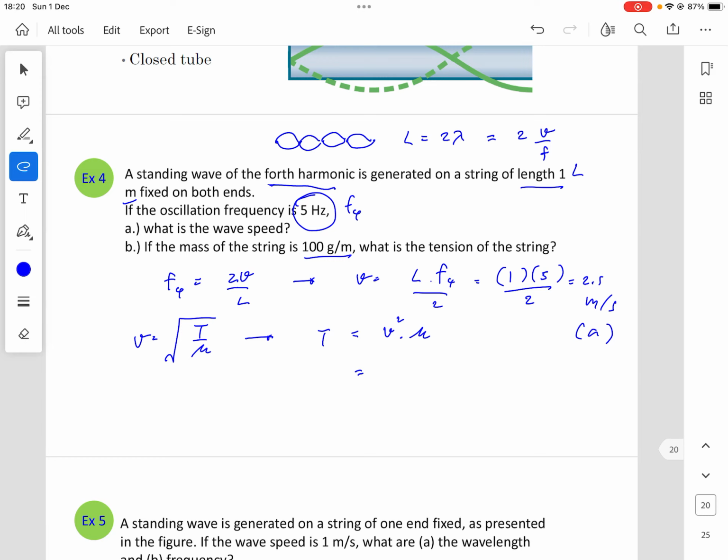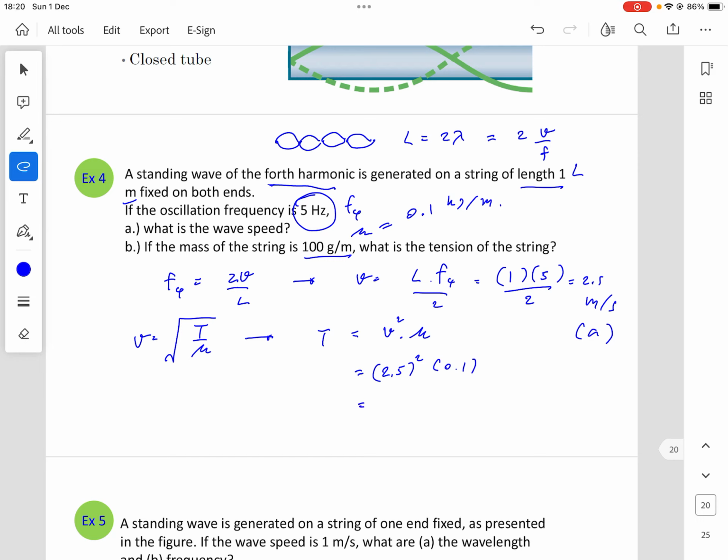V of 2.5 is already in the unit of meter per second, so you don't have to change it. But for mu, yes, you have to get this to SI units. So in this case, 100 gram is 0.1 kilogram per meter.